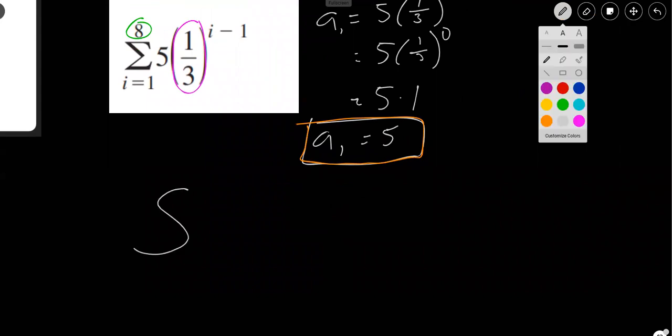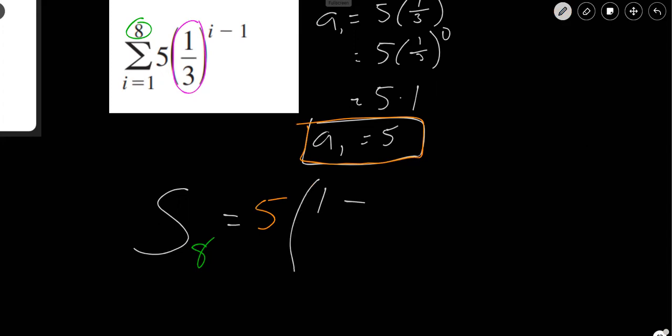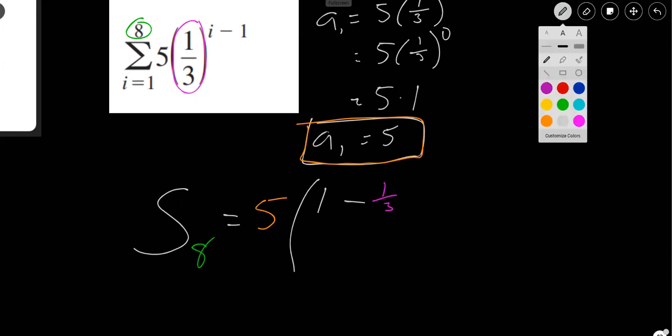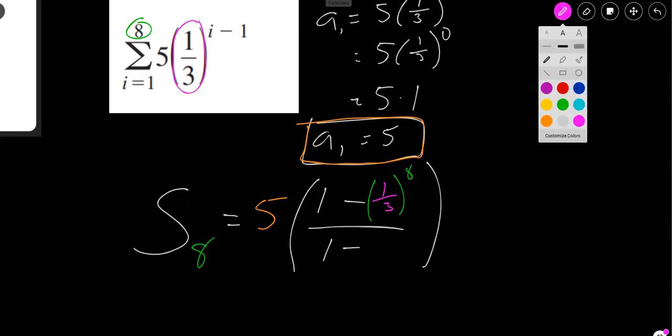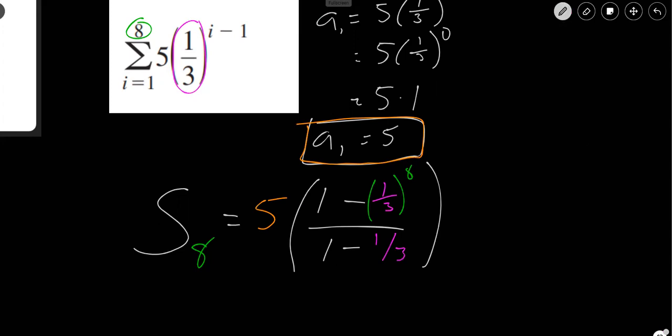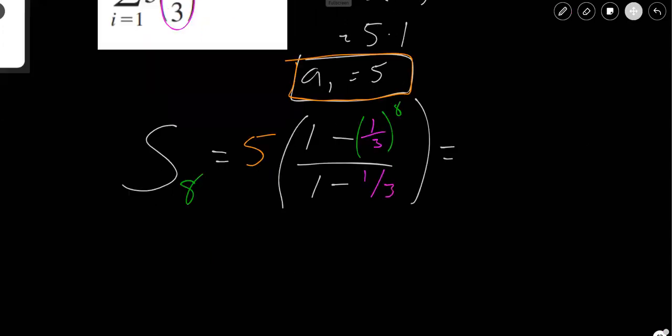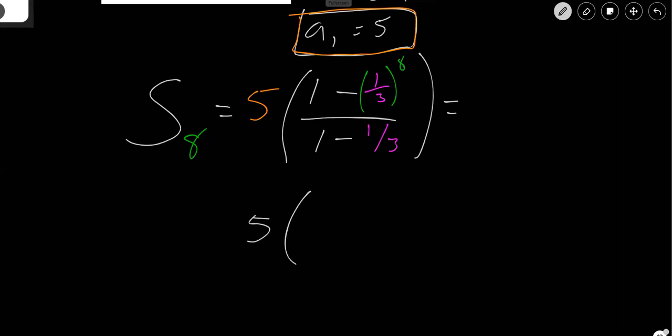The sum of the first 8 terms is going to be equal to A1, which is 5, times this fraction, 1 minus my ratio, which is 1/3, to the 8th power, all over 1 minus 1/3, which is also my ratio. And again, this comes together very, very quickly. So that's just going to be 5 times 1 minus 1/3 to the 8th power.